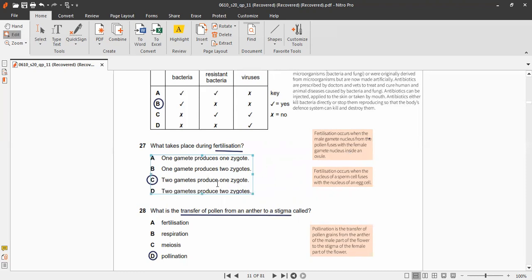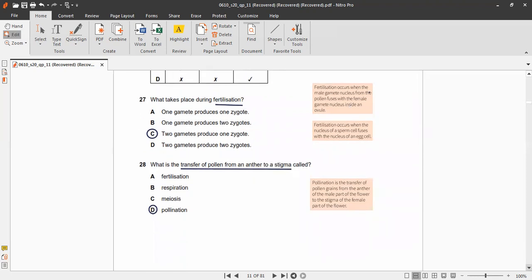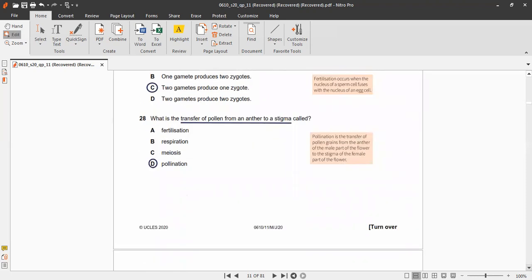Two gametes produce one zygote during fertilization. What is the transfer of pollen from an anther to a stigma? It's called pollination, because pollination is the transfer of pollen grains from the anther of the male part of the flower to the stigma of the female part of the flower.